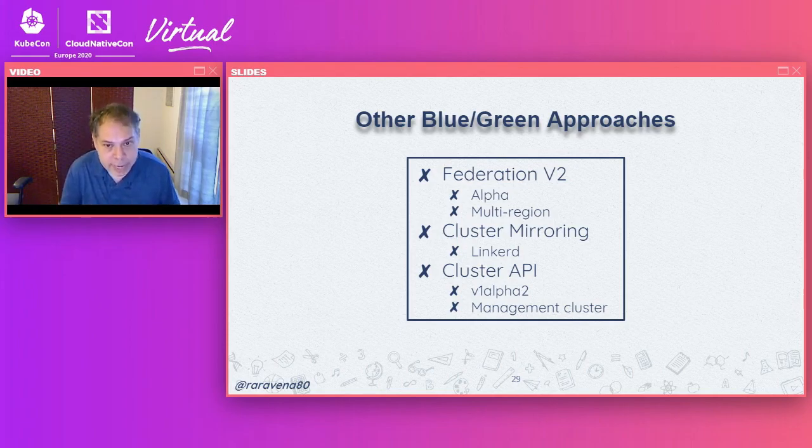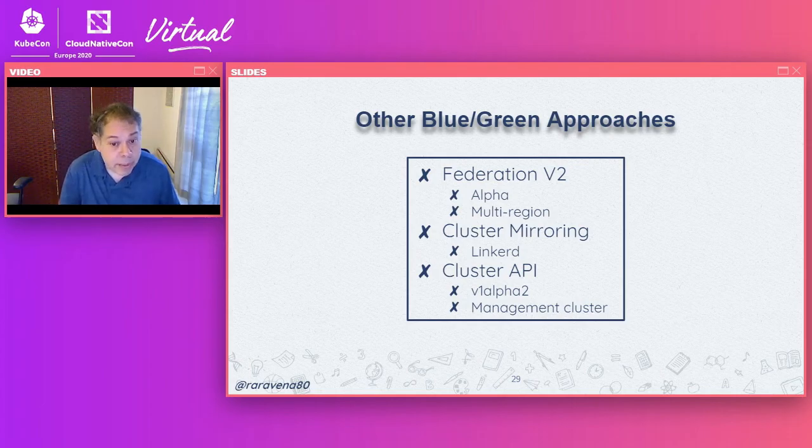Also, Linkerd has cluster mirroring that allows you to have a Kubernetes service in one region and then make it think that the service is local when it actually is in a remote place. So you have a cluster in New York and it has a service there, but the service actually maybe lives in a cluster in Chicago.